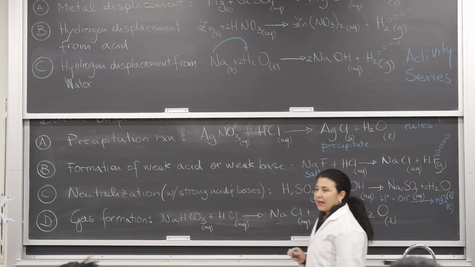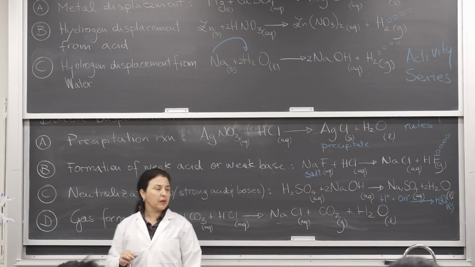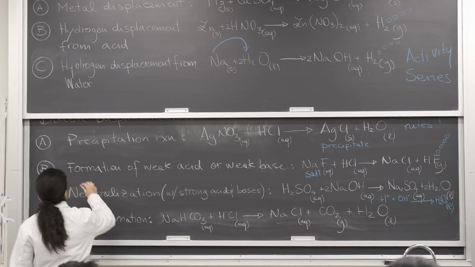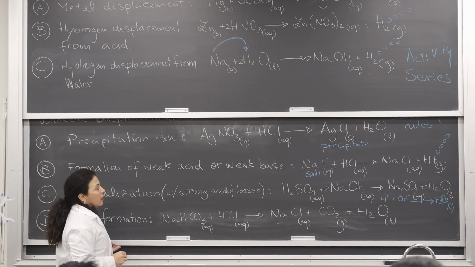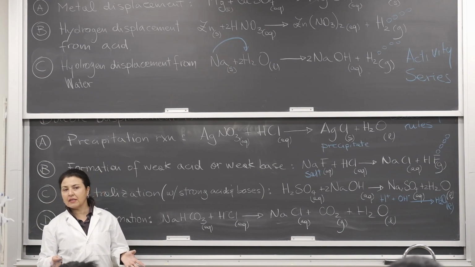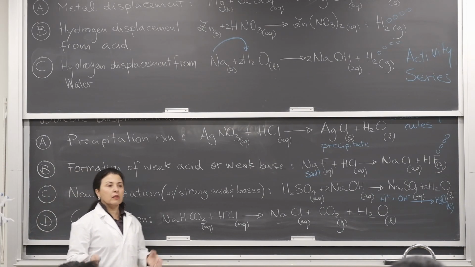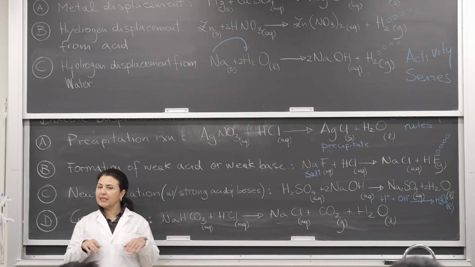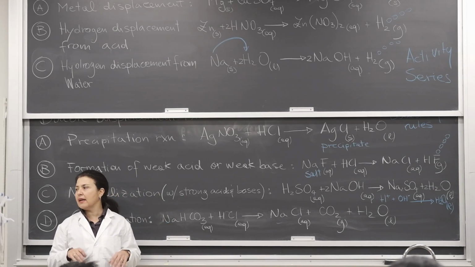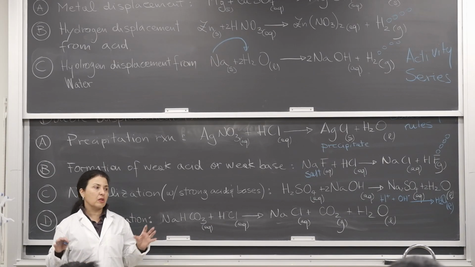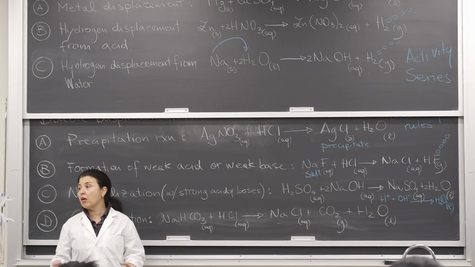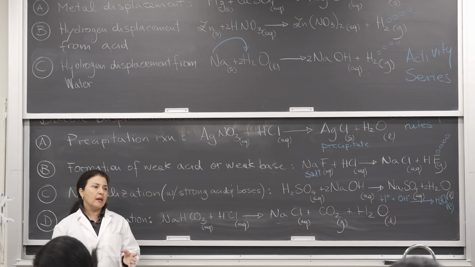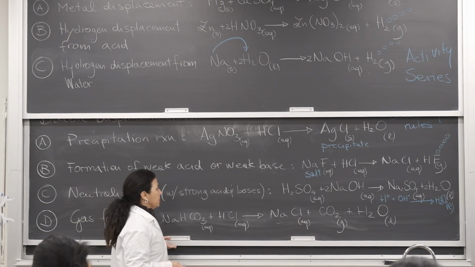Remember that when we write that net ionic reaction, whatever is a pure solid, a pure liquid, or a pure gas is what dictates what is written in the net ionic reaction. Those compounds do not dissociate, and so they stay in the reaction.